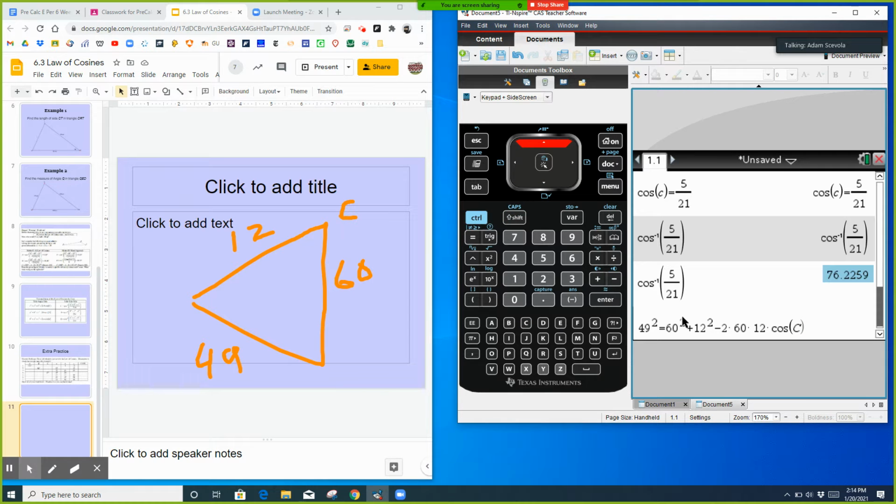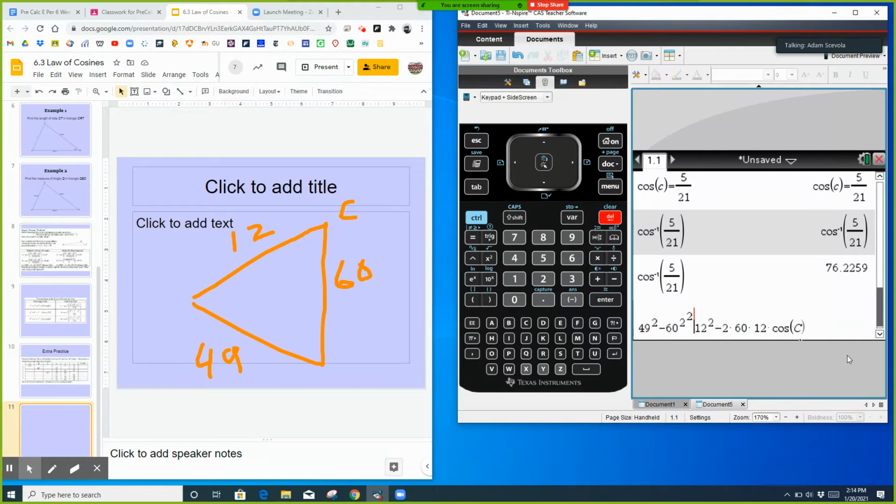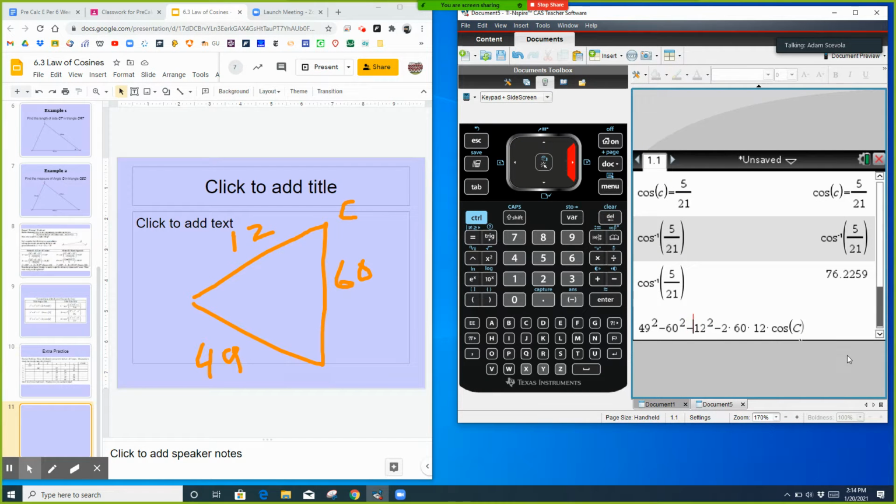Now, if I were solving this, what I would do is type this all into my calculator in one shot. First, I would isolate the cosine of C. So I would subtract 60 squared on both sides, and then subtract 12 squared on both sides. Again, I wish I could write this on a whiteboard for you, but we can't.